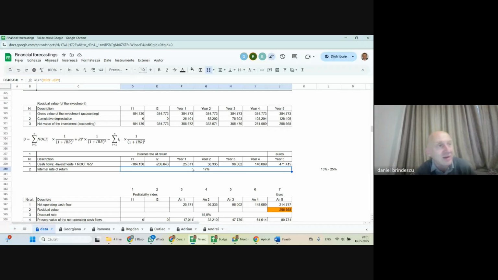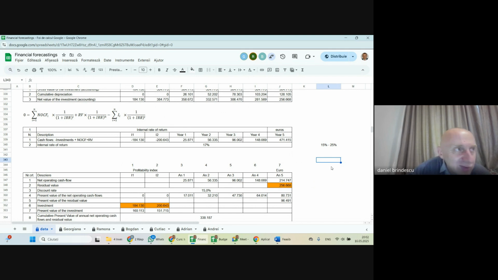If you estimate it to be, let's say, in the vicinity of minus 10,000, you can input that argument within the parameters of the function, and it will start the iterations from there. But that will not be a worry for you, at least in this project. I had such cases in practice, but that should not concern you directly, at least when preparing the project, because of course I expect the internal rate of return to be positive, and as I was saying, somewhere between 15 and 25%.